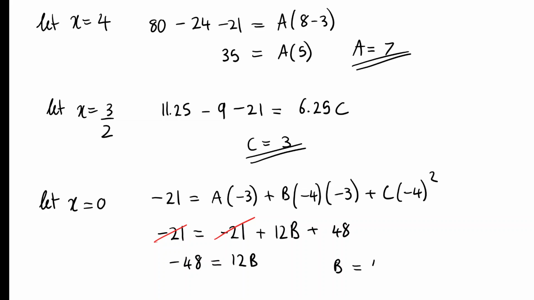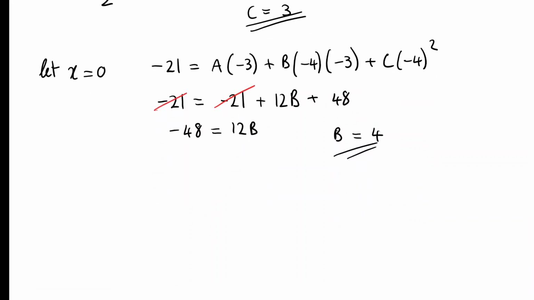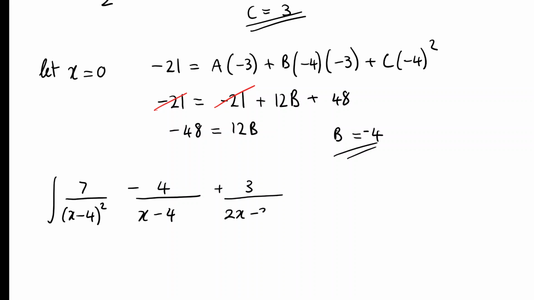Therefore b is equal to 4. Okay, so we've got a, b and c. We can assemble the partial fractions form of the integral. So that's 7 over x minus 4 squared, minus 4, b should have been minus 4, minus 4 over x minus 4 plus 3 over 2x minus 3, all integrated with respect to x.